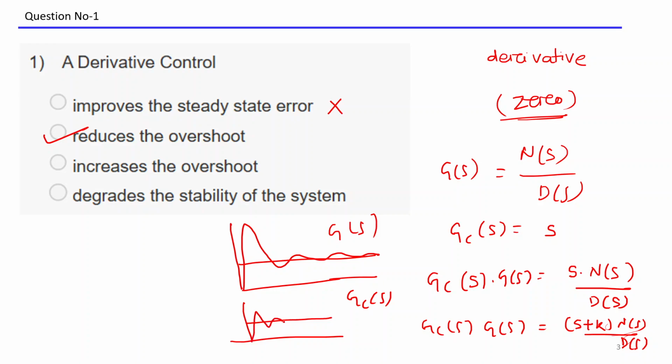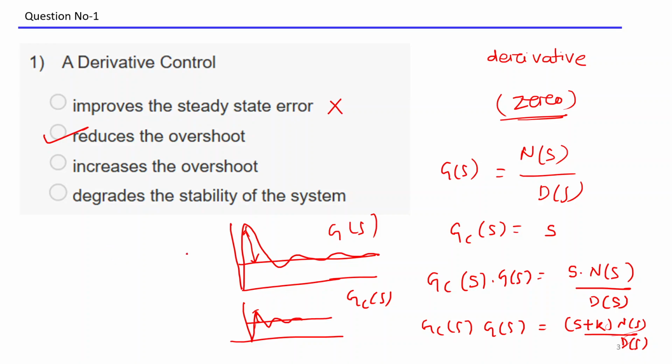This overshoot value is going to reduce, and you can achieve the peak value at a faster response. The rise time will be reduced.